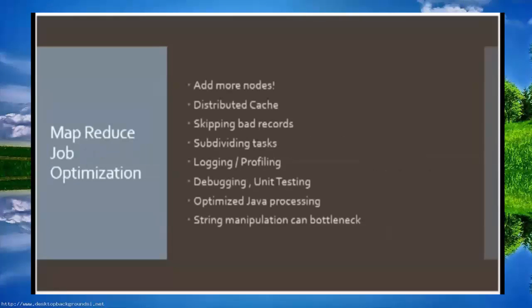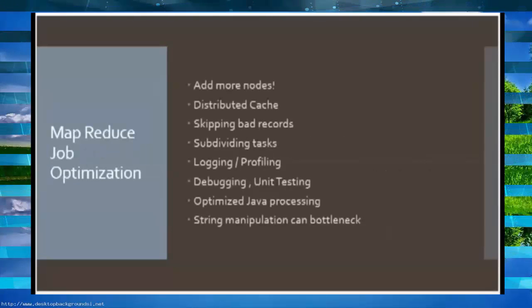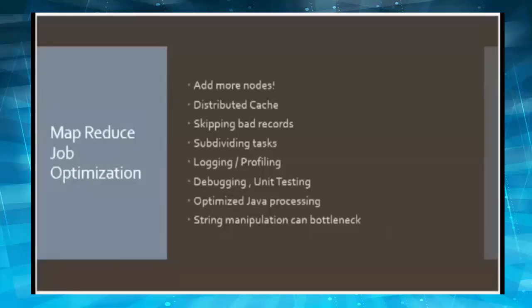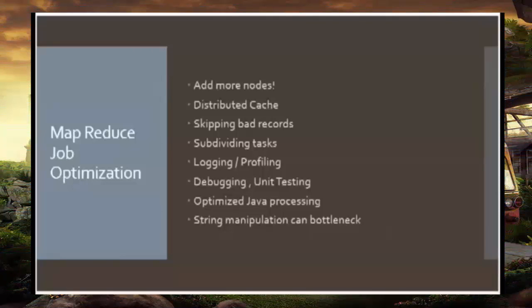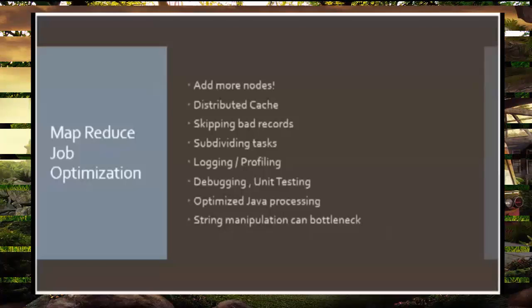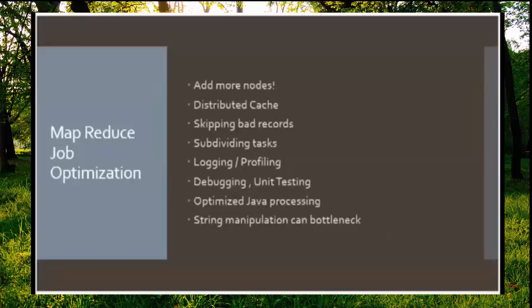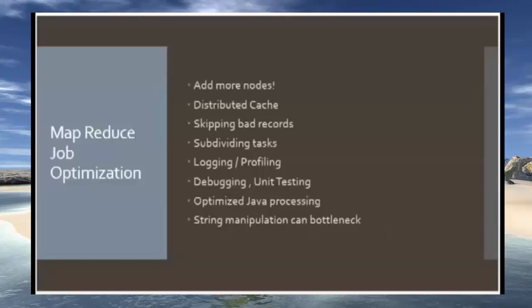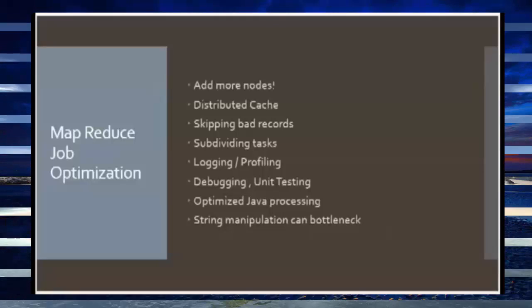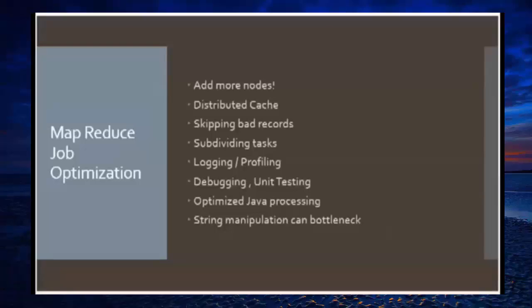Now, we've reached the end of our tour of MapReduce job optimization for MapReduce 1. Add more nodes. Again, you want to go with the low-hanging fruit first. You use MapReduce and Hadoop because it's highly distributed and highly scalable. And if you think about it, although you can tune almost any knob or widget in the MapReduce algorithm chain, it sometimes takes a substantial, large amount of time to understand how to tune it properly.